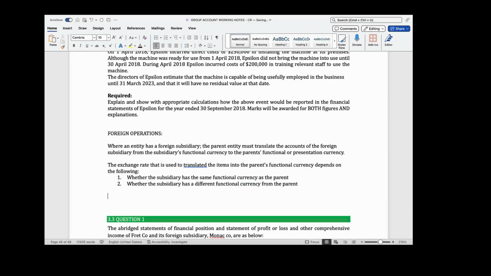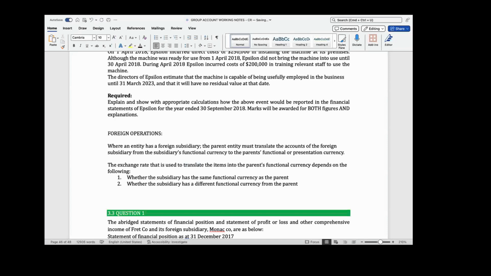So these two are what determine the rates of exchange you are going to use to translate the items.